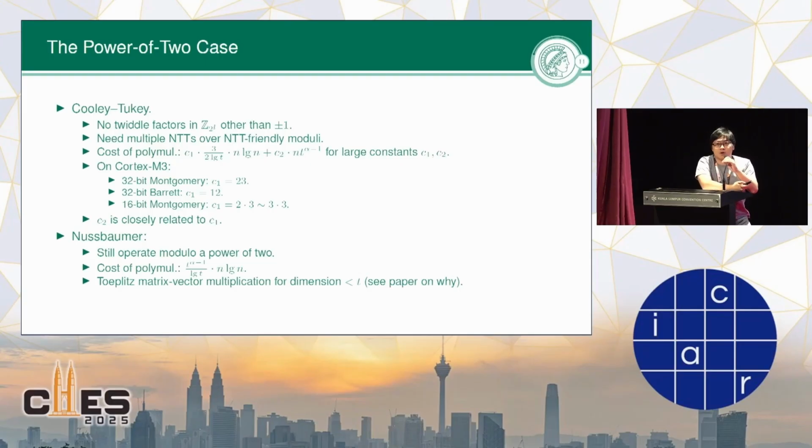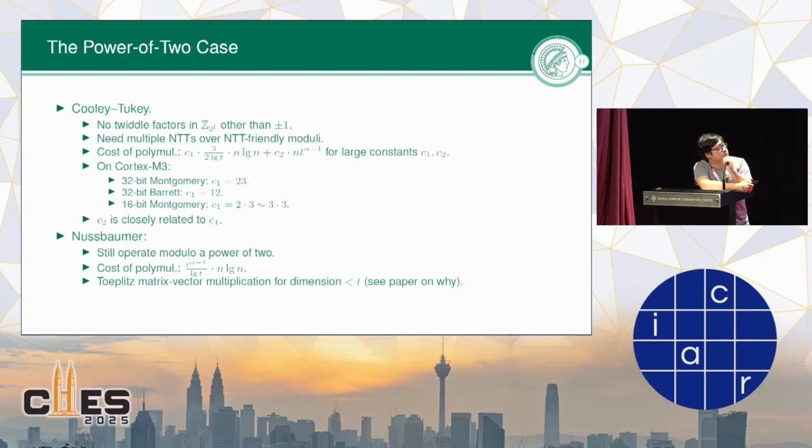Now, what about Nussbaumer? Well, in Nussbaumer, basically the cost is already entirely reflected in the cost analysis of the coefficient ring operations. And since multiplication modulo power of 2 is super fast and on our platform only amounts to a cycle, the overall cost is basically the same as the cost analysis for coefficient ring operations.